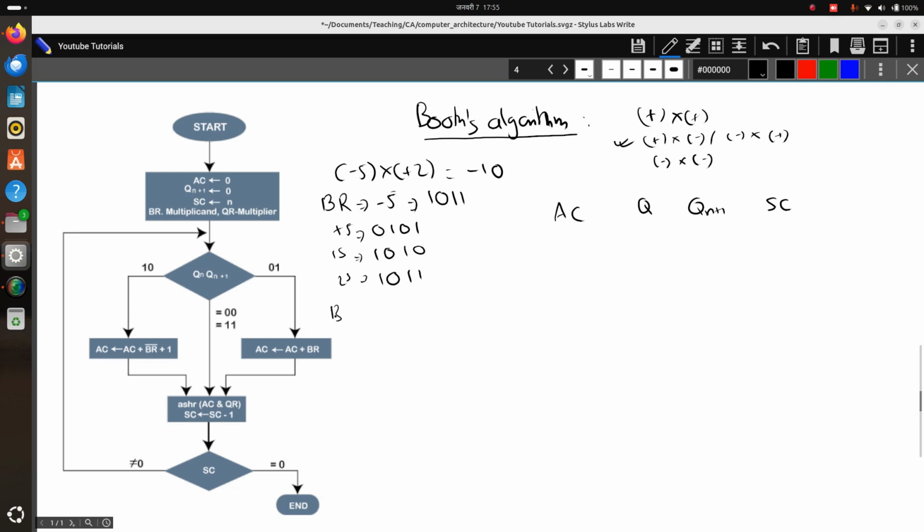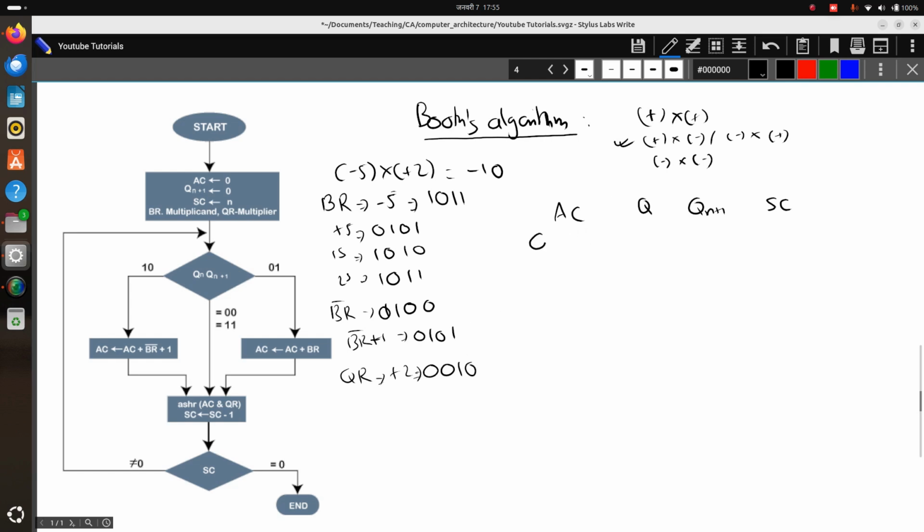Now if I complement this again, this is going to give me 0, 1, 0, 0, and if I add 1 to this, this is going to give me 0, 1, 0, 1. So I have my BR, I have my BR complement plus 1. I'll also assign QR or Q here, which is plus 2, which means the binary equivalent is 0, 0, 1, 0.